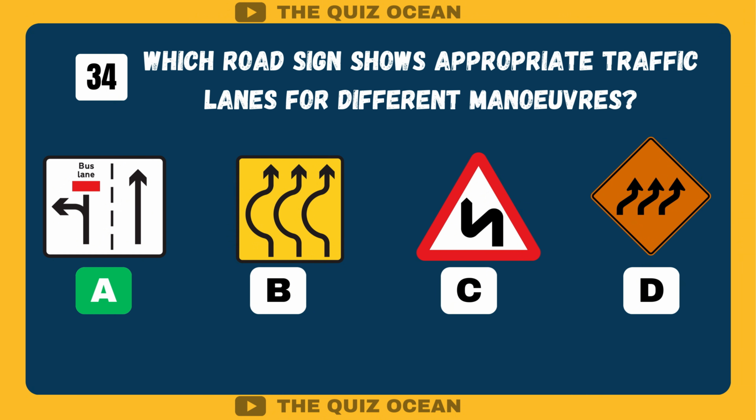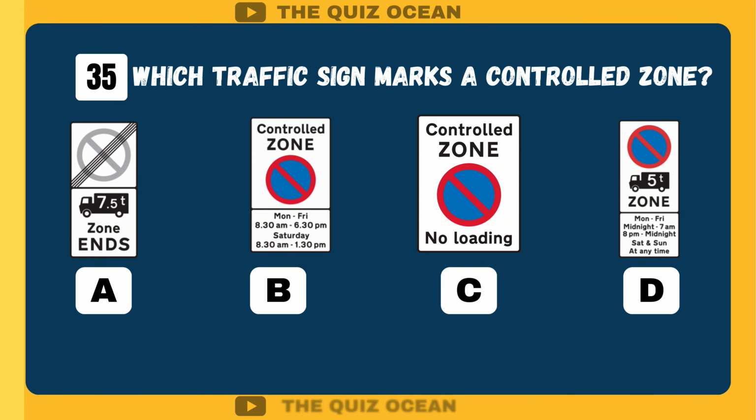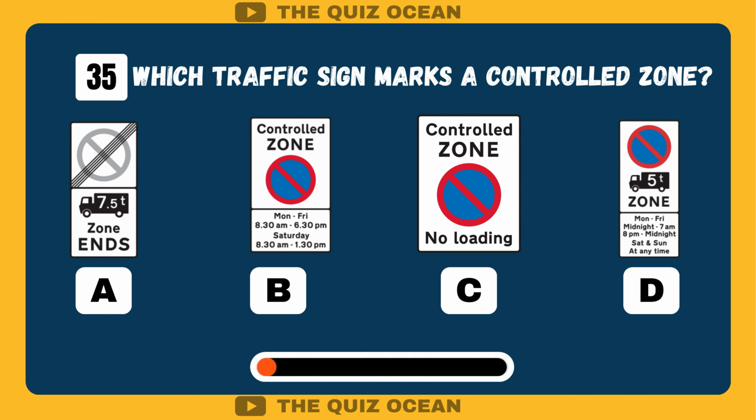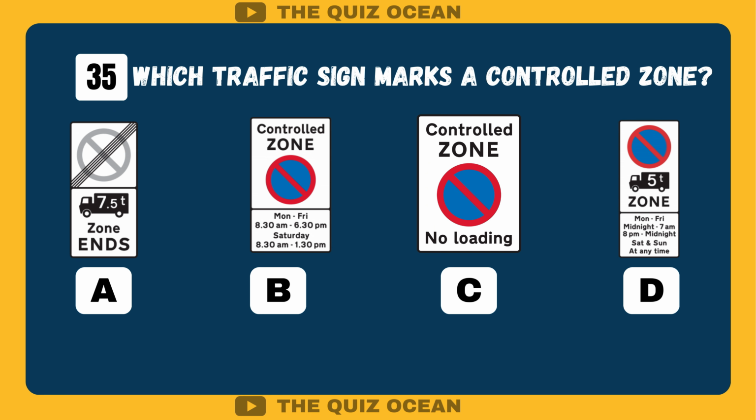The answer is A. Question 35. Which traffic sign marks a controlled zone? The answer is C.